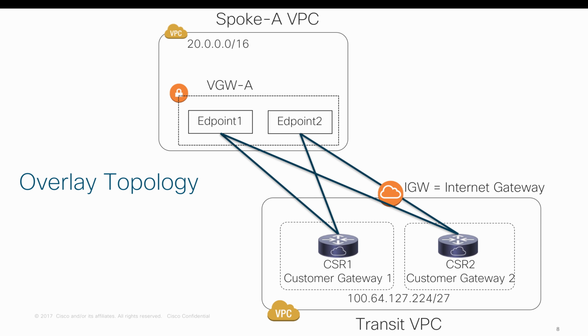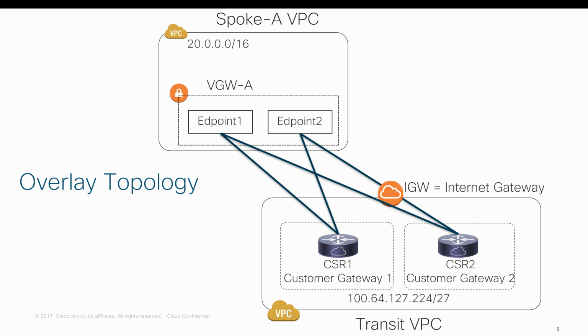Having said that, the Transit VPC builds an overlay network, and each VGW actually is a logical concept. There are two endpoints running underneath to provide HA, so in this topology, you will be able to see 4 tunnels, and the CSR will be acting as a customer gateway.